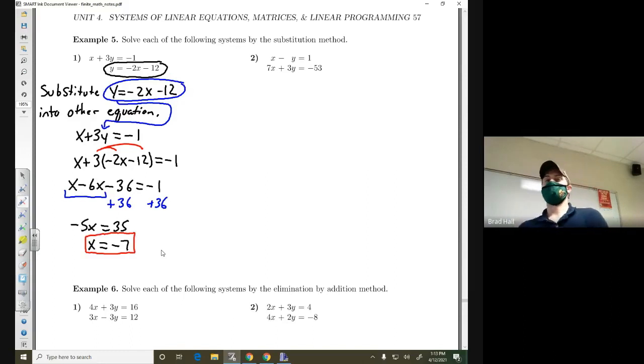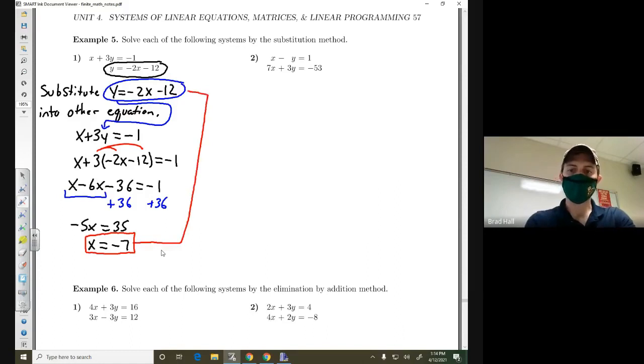But we're not done. Because whenever we solve, we need to find the point of intersection. What does every point have? An x and a y. We don't have a y yet. So we plug this back into the original substitution that we had to figure out the y value.